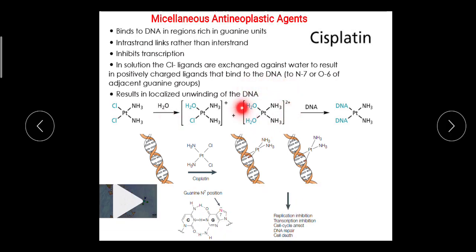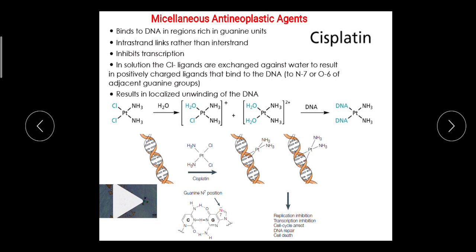This is the positively charged ligand, and this platinum gets bound to the DNA. Mainly in DNA, it binds to the nitrogen of guanine or oxygen. Mostly it is the nitrogen of the guanine.